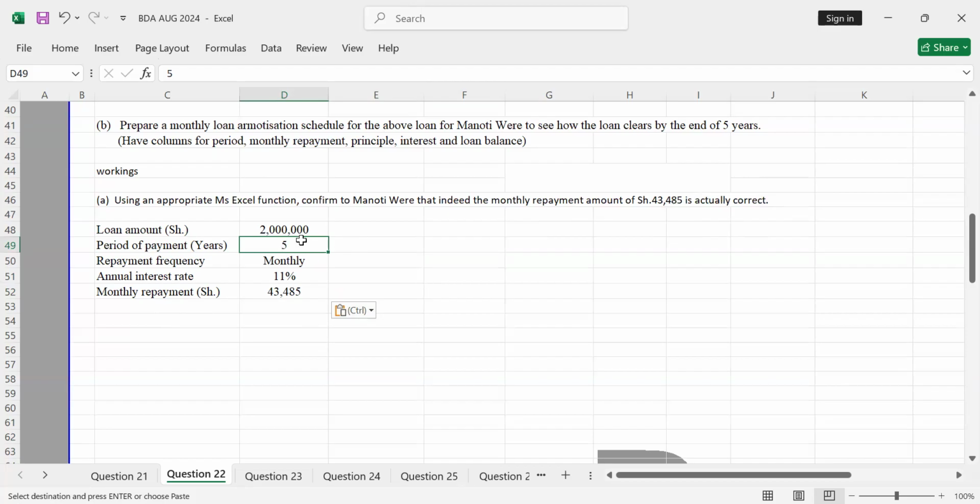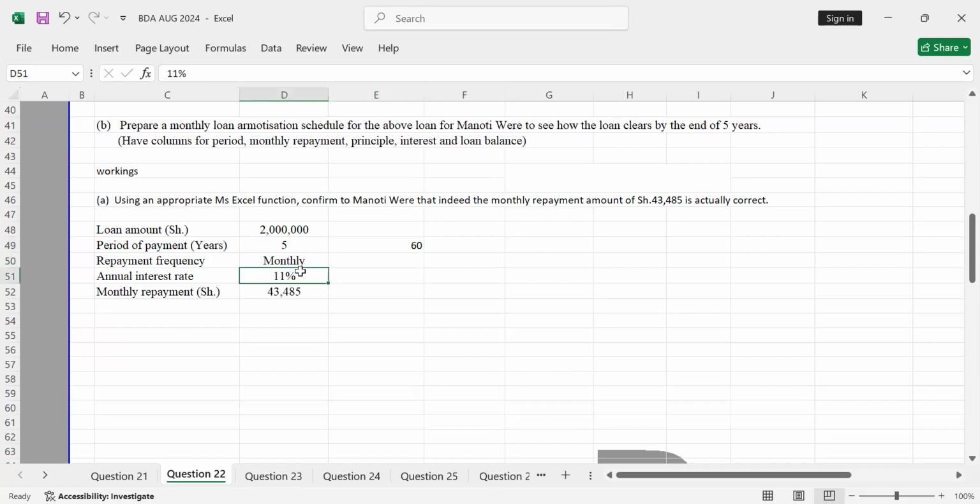So we want to know in 5 years, you need to pay for the loan for a total of how many months? In this case, it will be 5 multiplied by 12, because a year has 12 months. So you will pay for 60 months.